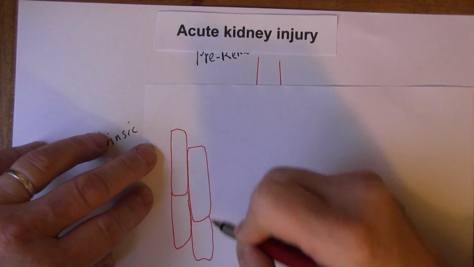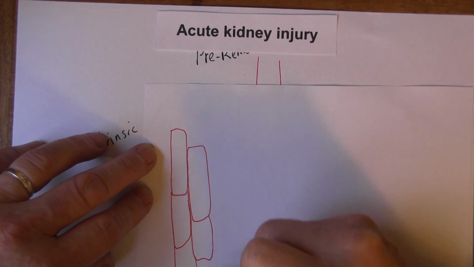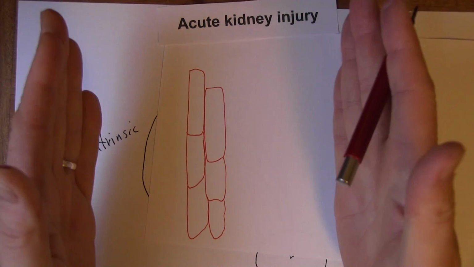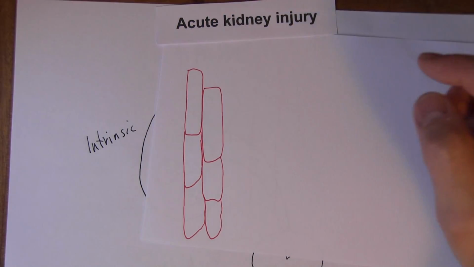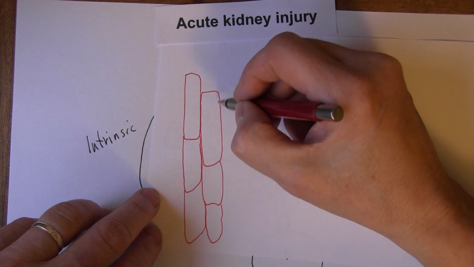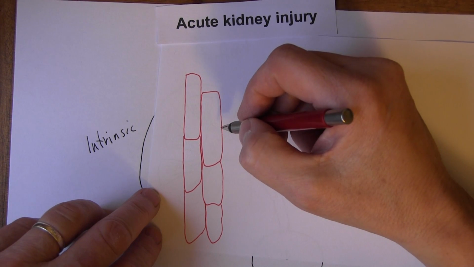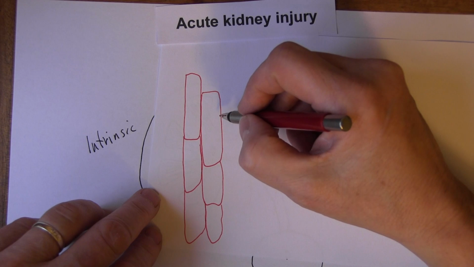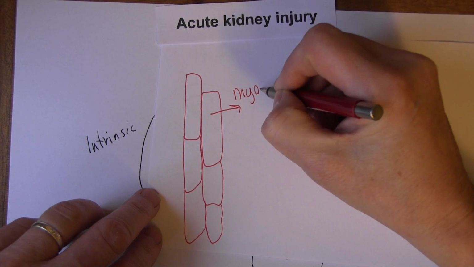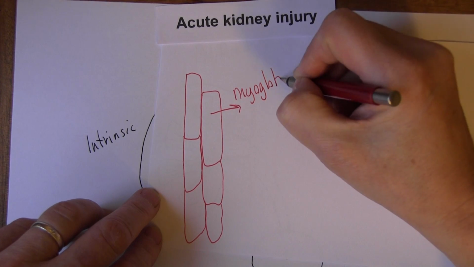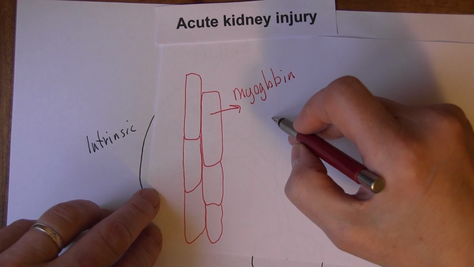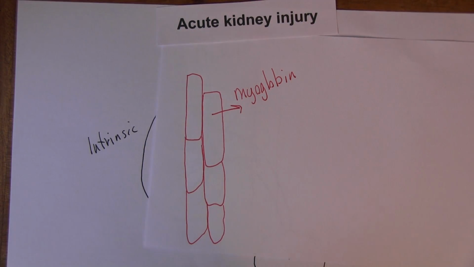Now, if there's a crush injury, I think you can see those cells will be crushed, and that will disrupt the membrane of the muscle cells, and that will mean that the myoglobin which was in the muscle cells can get out into the blood, and there's going to be a myoglobinemia.